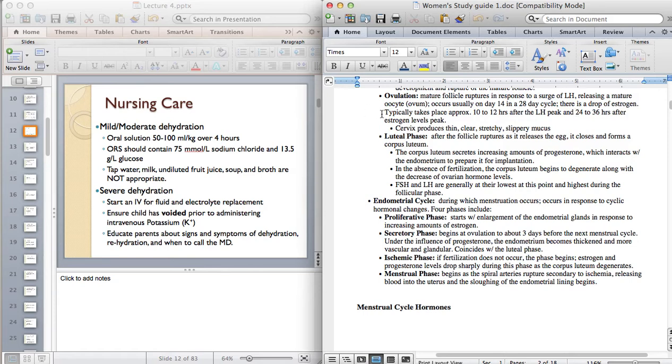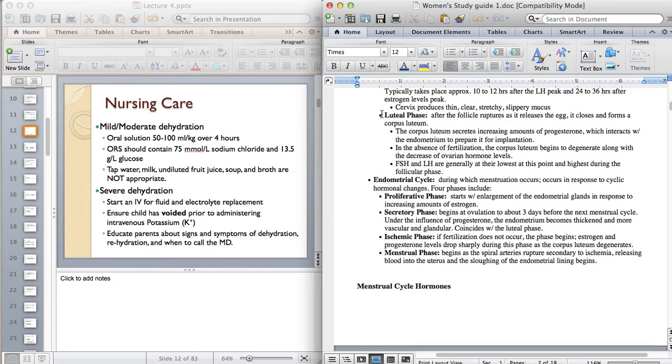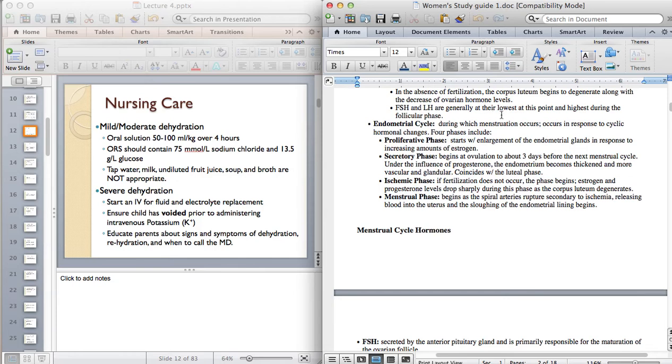And then until the child voids, until you see a urine output, you cannot add potassium, because potassium normally lives intracellular. And in the face of severe dehydration, potassium will go to take the place of sodium that has been lost with those fluids.